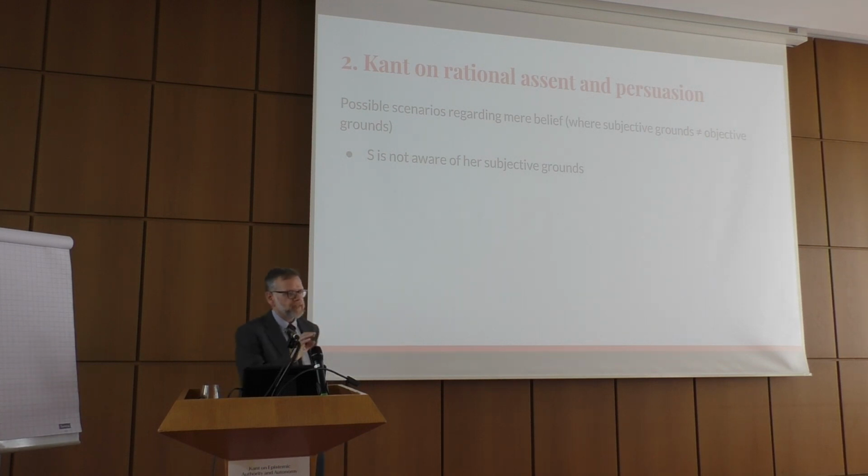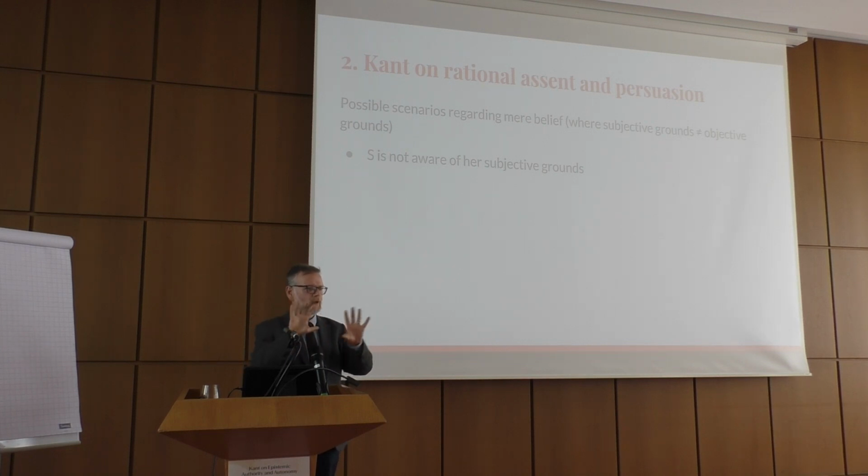I hope you'll bear with me here. It's not obvious that Kant allows all of these cases. These might be cases where Kant doesn't even consider them. That's a possibility. This is me just thinking about the possible scenarios, and you Kant scholars can tell me, well, Kant wouldn't have countenanced this one, or that one.